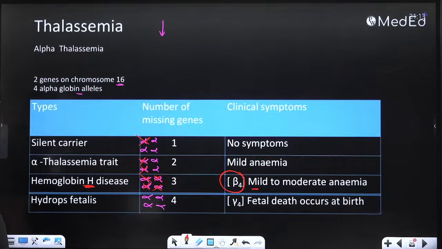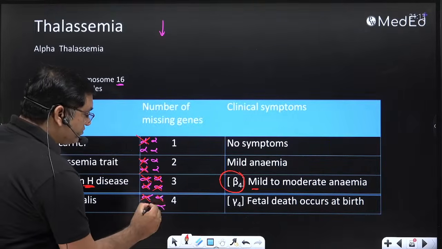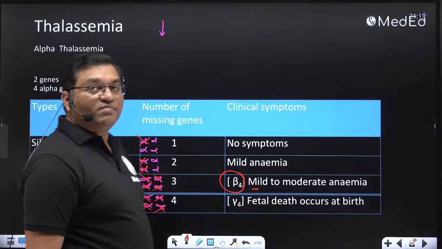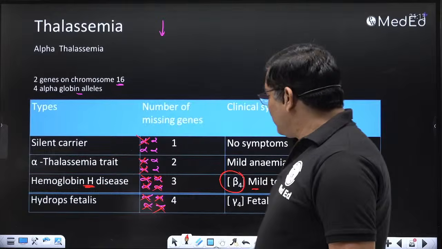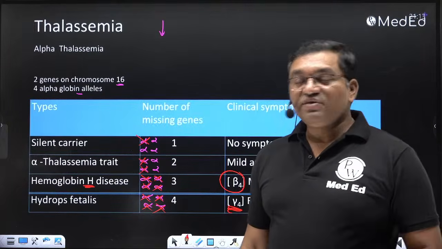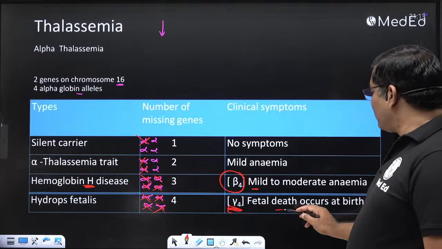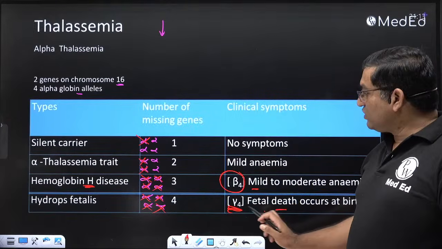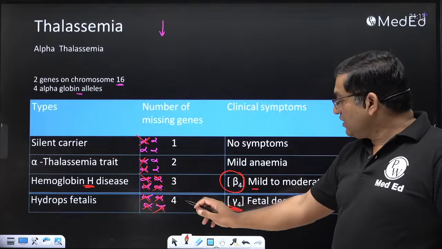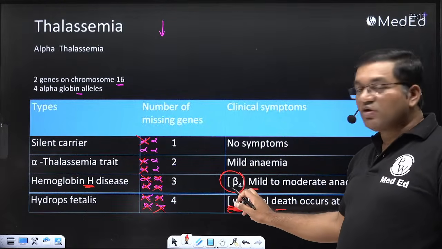And when all four alpha genes are missing, there is formation of gamma tetramer and it precipitates the RBCs. So hydrops fetalis, stillbirth can occur. Fetal death occurs at birth. In hydrops fetalis, there is formation of gamma tetramer. In hemoglobin H disease, there is formation of beta tetramer.